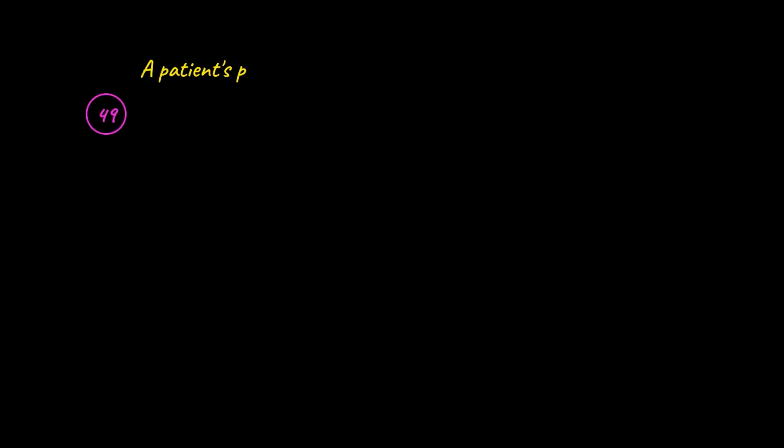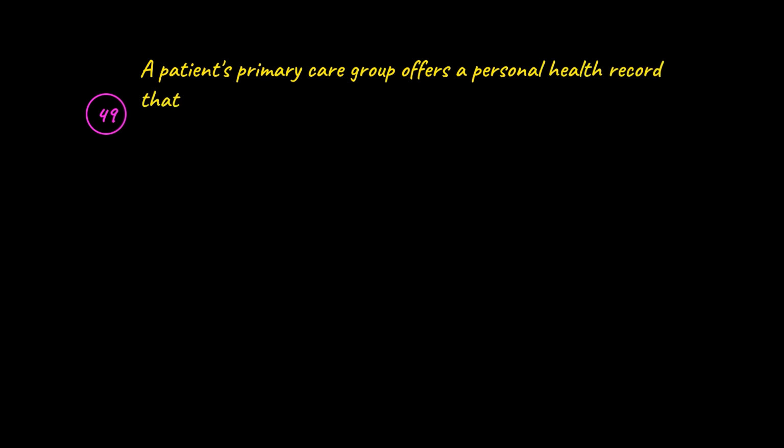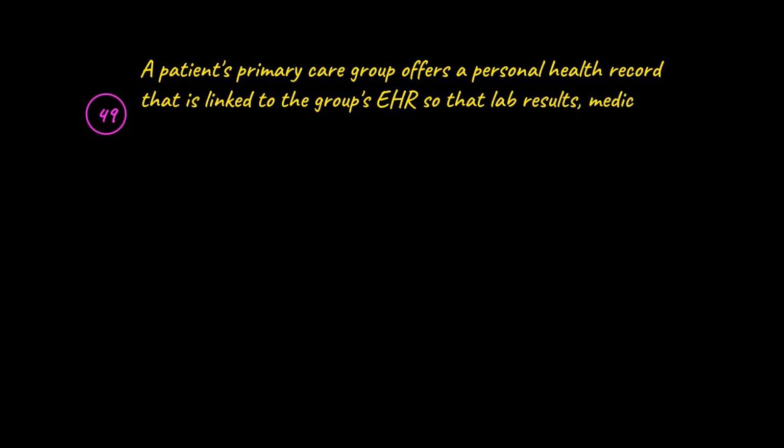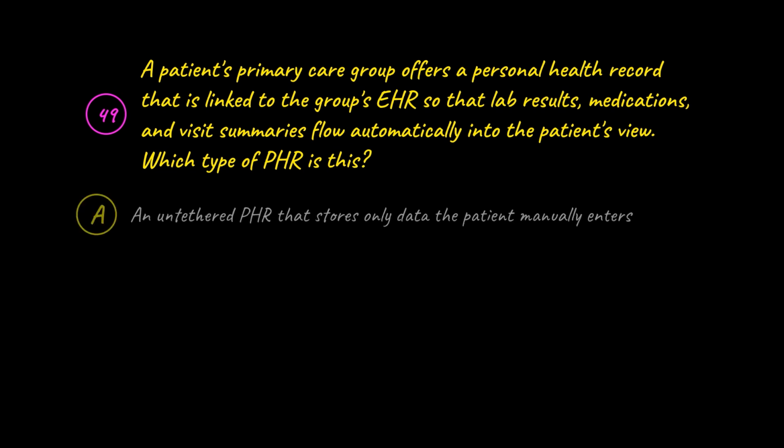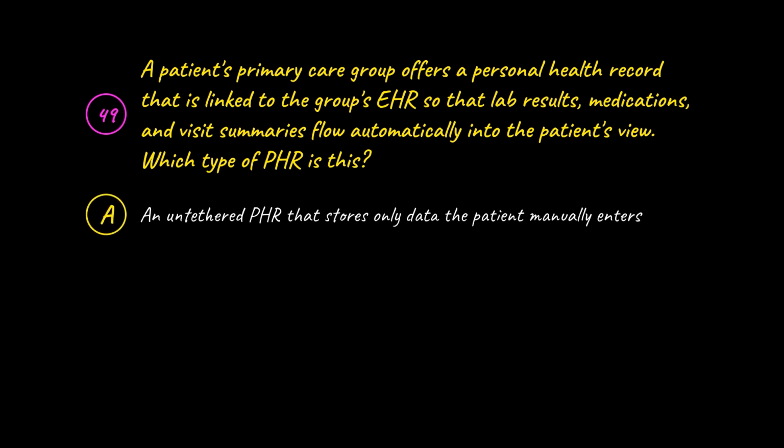Question 49. A patient's primary care group offers a personal health record that is linked to the group's EHR so that lab results, medications, and visit summaries flow automatically into the patient's view. Which type of PHR is this? Your options are A. An untethered PHR that stores only data the patient manually enters.